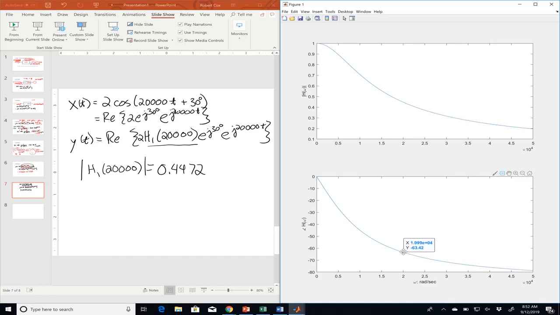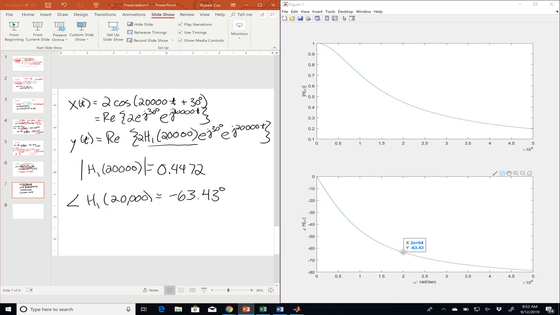Then I use the arrow, and it looks like the angle is negative 63.43. So the angle of H1 of 20,000 is equal to negative 63.43 degrees. So what does that mean?